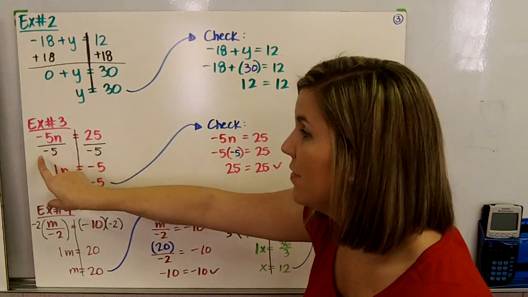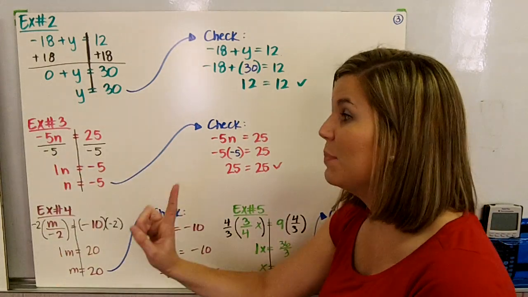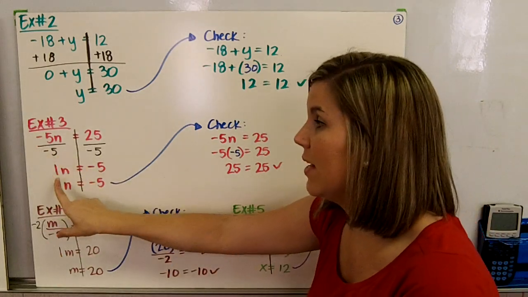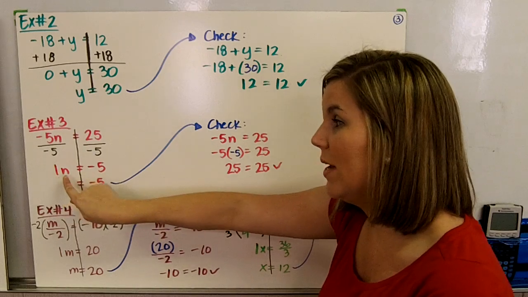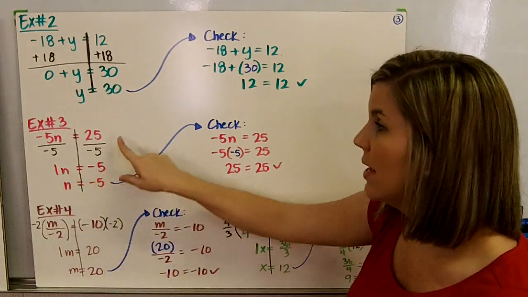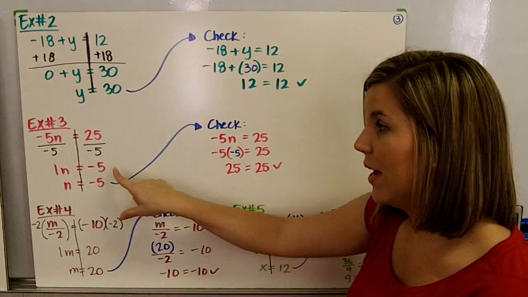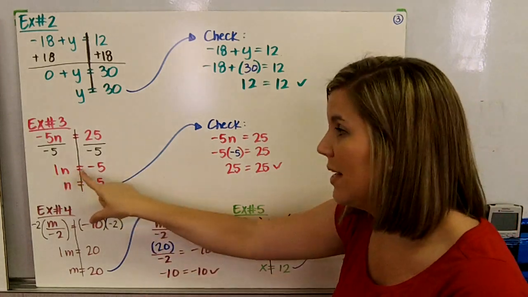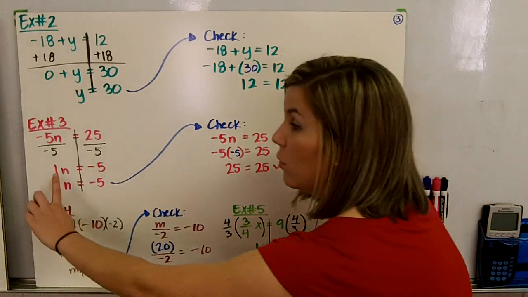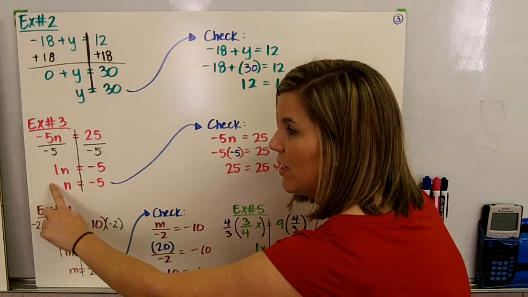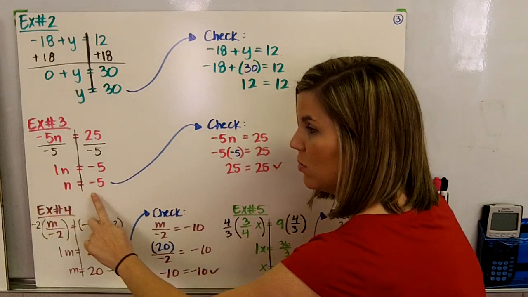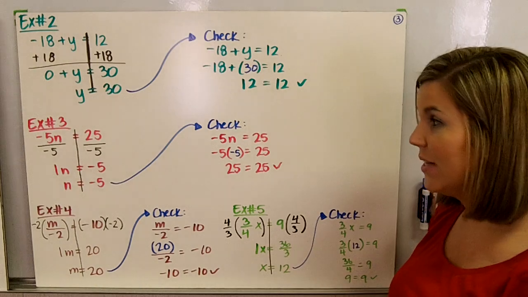Now, negative 5 divided by negative 5 is positive 1. A negative over a negative is a positive. So I have 1n equals 25 divided by negative 5 is negative 5. 1n equals negative 5. Now, 1 times n is just n, so I don't need to write that 1. n equals negative 5. That's your answer.